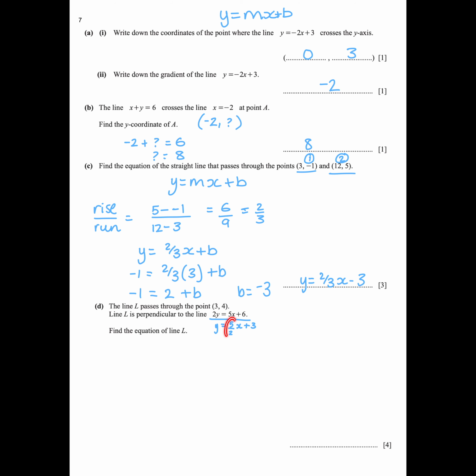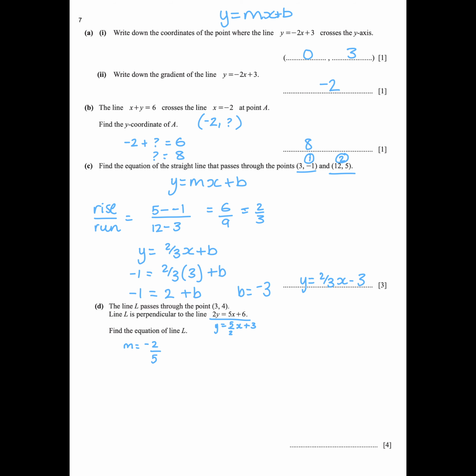So now I know that the gradient of this is 5 over 2, and we want the perpendicular line. The perpendicular gradient of 5 over 2 is going to be minus 2 over 5. So we flip it upside down, finding the reciprocal, and swap the positive and the negative. So it's minus 2/5.